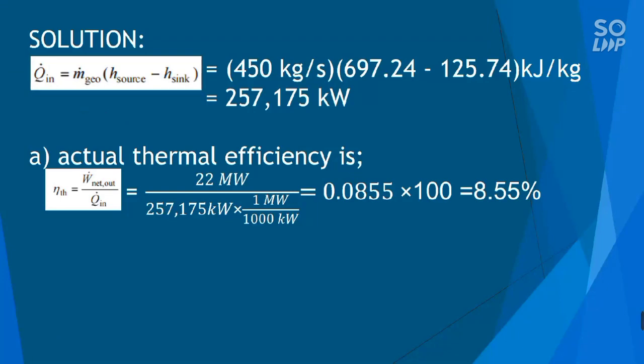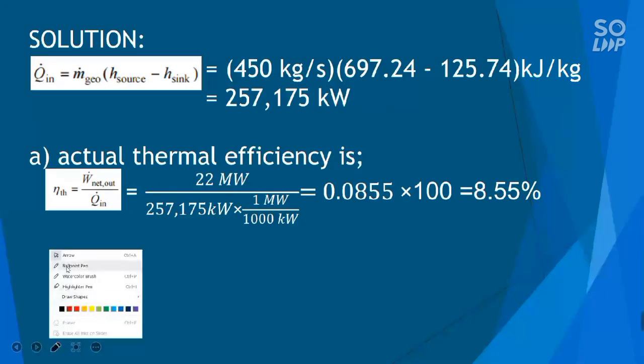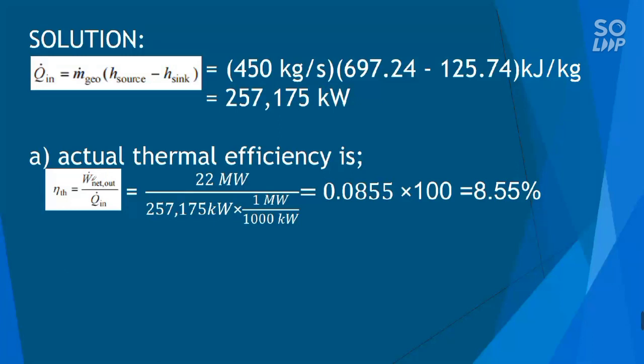Since we already solved for the rate of heat input, we can now solve for the actual thermal efficiency, which is denoted by this equation. The thermal efficiency is equal to the rate of net work output over the rate of heat input. So we have 22 megawatts all over 257,175 kilowatts.